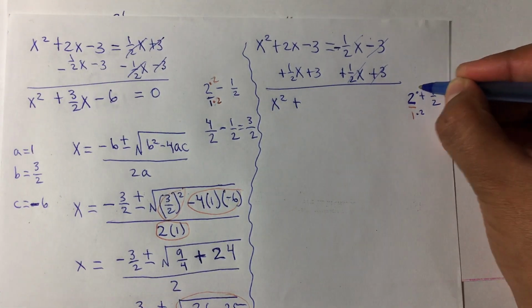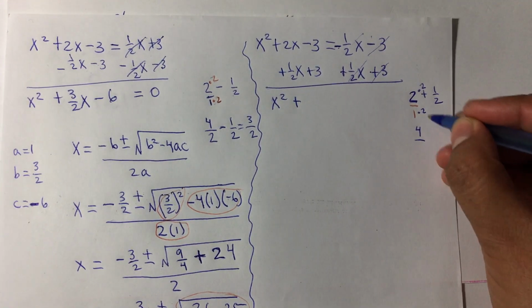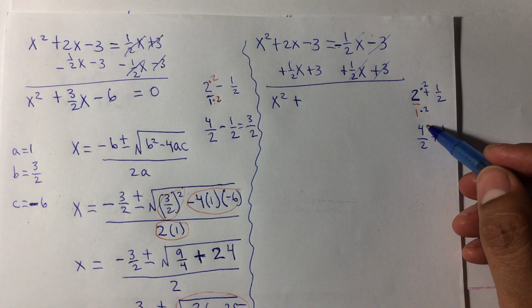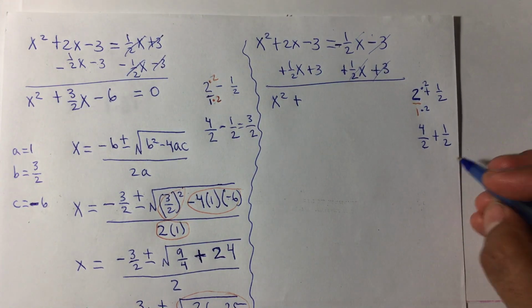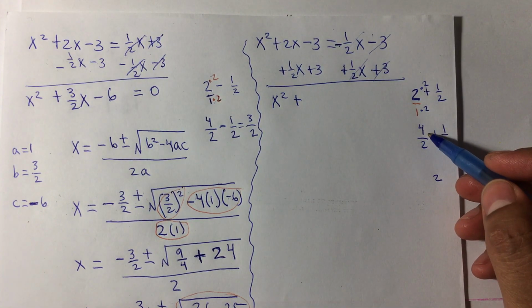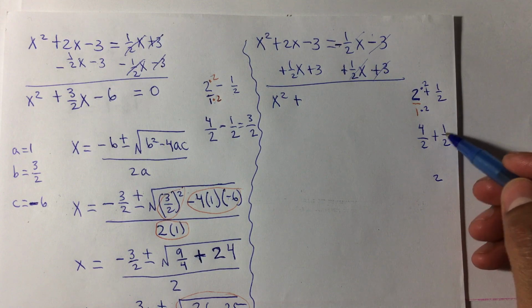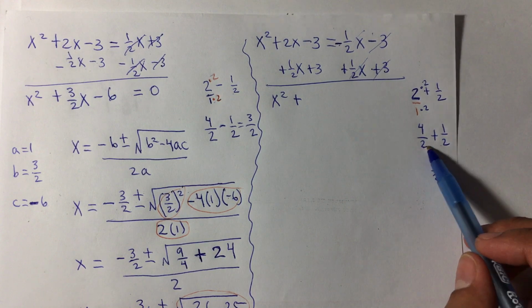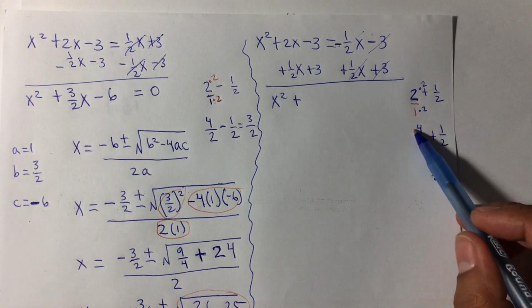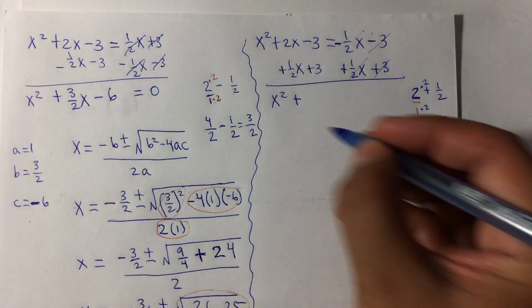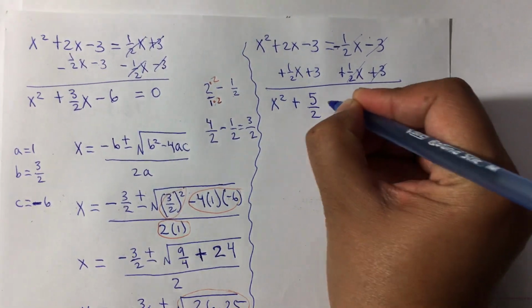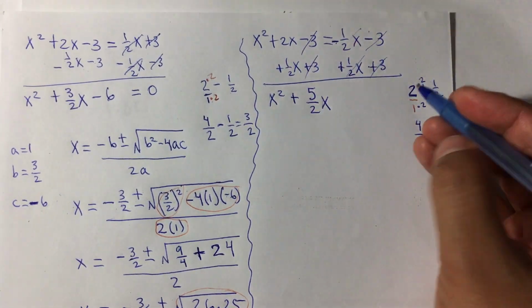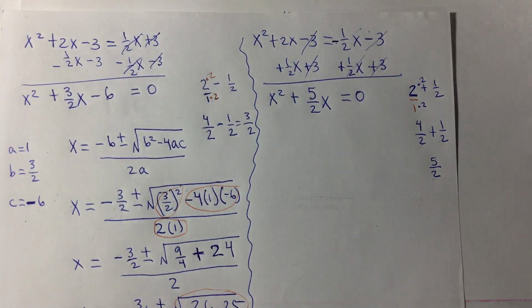Multiply by 2: 2 times 2 is 4, 1 times 2 is 2, and add 1/2. So the 2 whole pies became 4 halves, and one more is 5 halves. Again, when you have the common denominator, all you do is add the numerators and bring over the 2. So 5 halves x, and then negative 3 and positive 3 cancel. So that's how we get an equals 0.